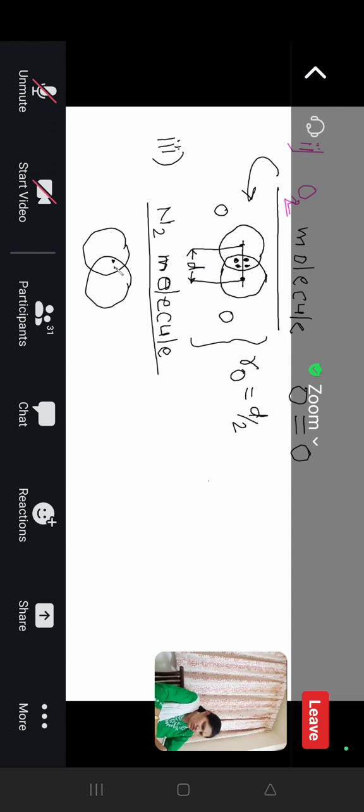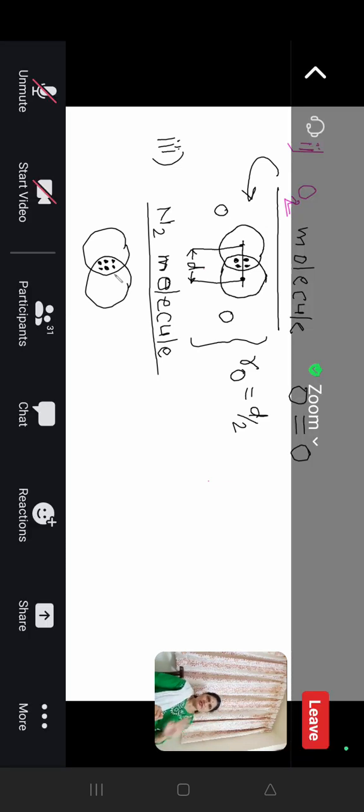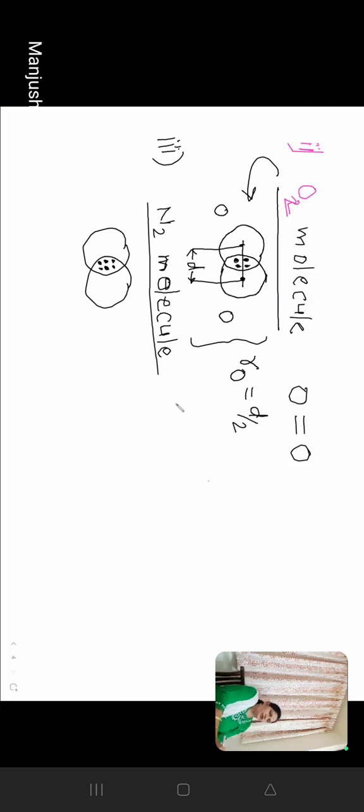So 3 electrons are shared. To form a covalent bond, 2 electrons are needed, one from each atom. So N2 molecule is like this, N triple bond N.